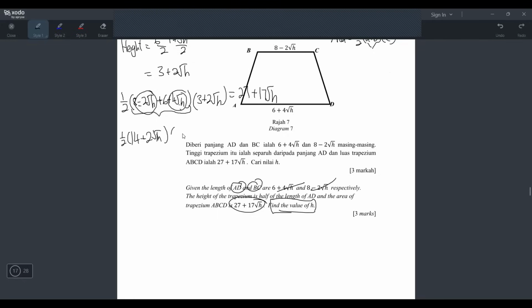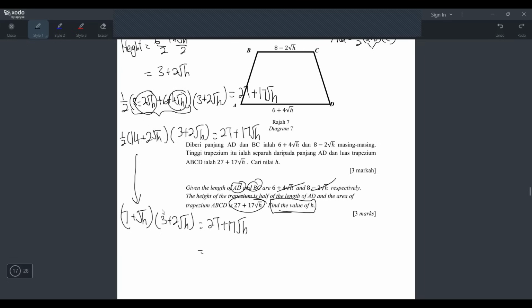And then darab lagi dengan 3 plus 2 square root h equals 27 plus 17 square root h. Okay, next step, I will continue here. The 1 over 2 you can expand, right? So when you times 1 over 2 means divide 2. So 14 divide 2, 7, 2 divide 2, 1. So it's just left with 7 plus square root h. And then multiply with 3 plus 2 square root h equals to 27 plus 17 square root h.